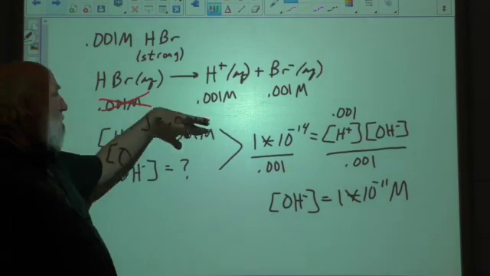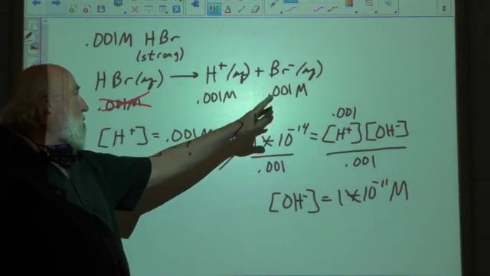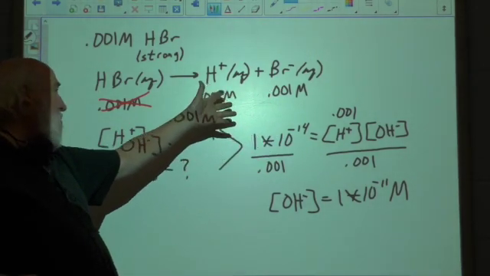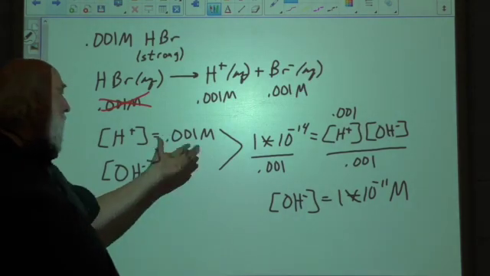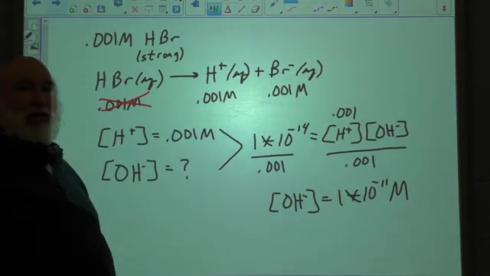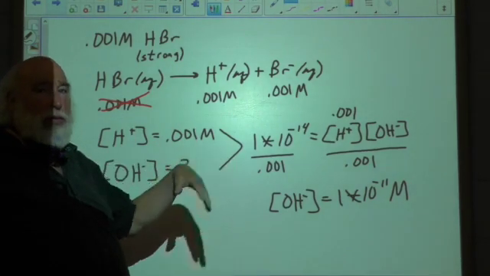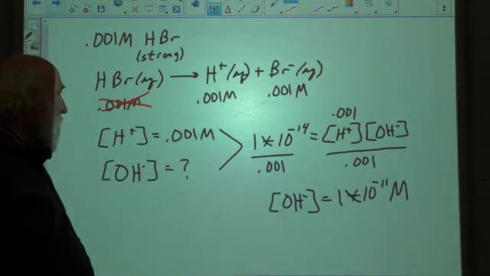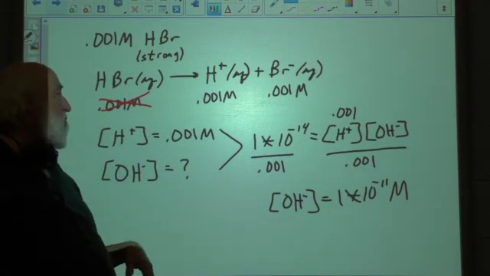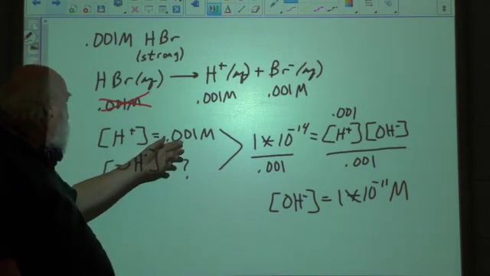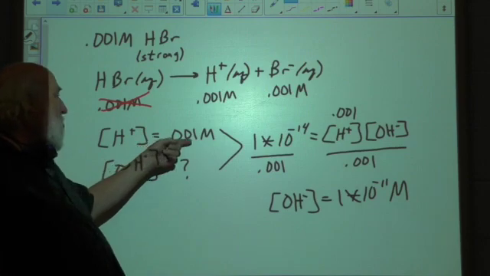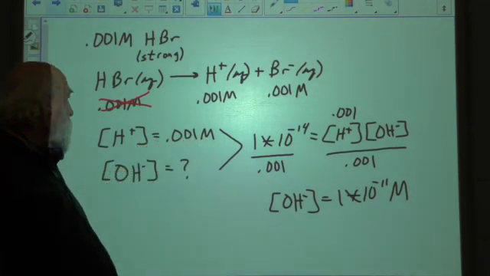So all we're going to focus on is the hydrogen and the bromide, in a sense. But really all we care about is the hydrogen, because it's in water with hydroxide. So the bromide is just kind of there. It's what we call a spectator ion. Doesn't do anything, but we just know how much we have of it because of the hydrogen. But the concentration of hydrogen is 0.001 moles per liter.